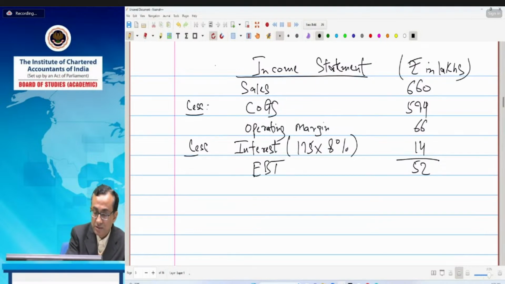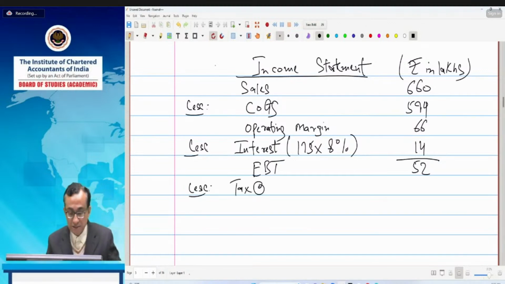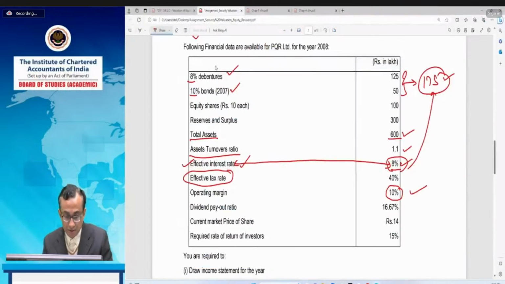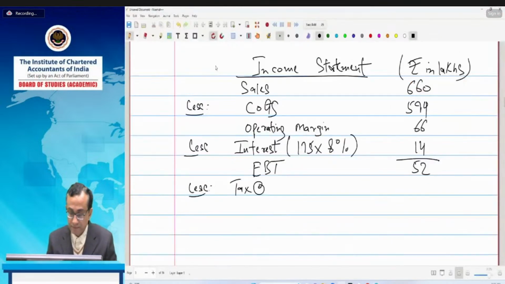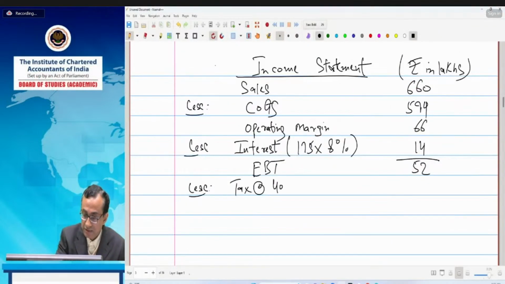From this, we deduct the tax amount. How much is the tax? Let us see in the question. Tax rate is 40%. So tax at the rate of 40%, 52 into 40%, 20.8.